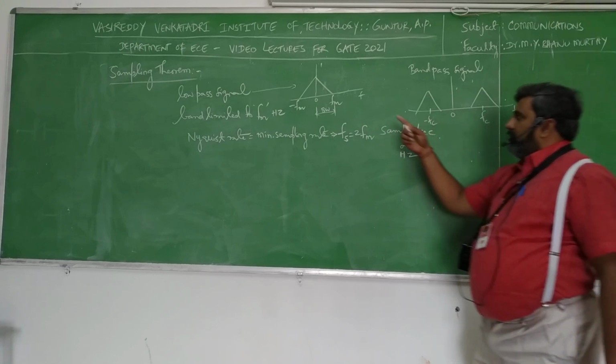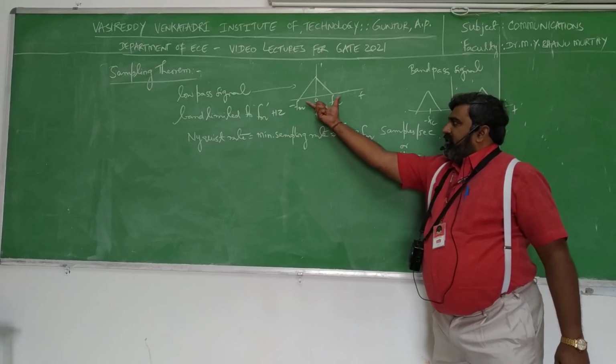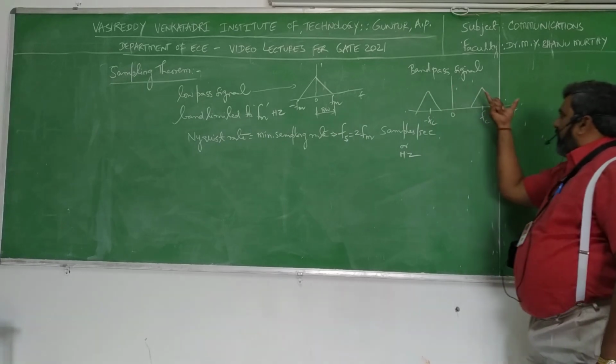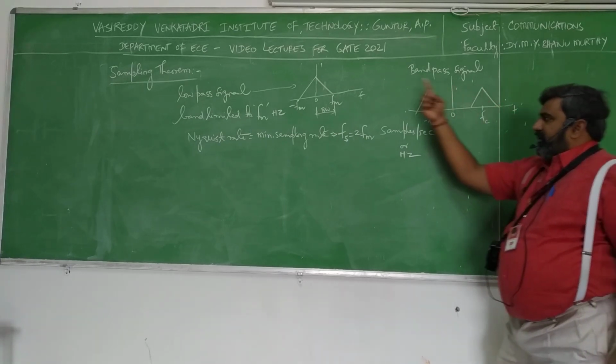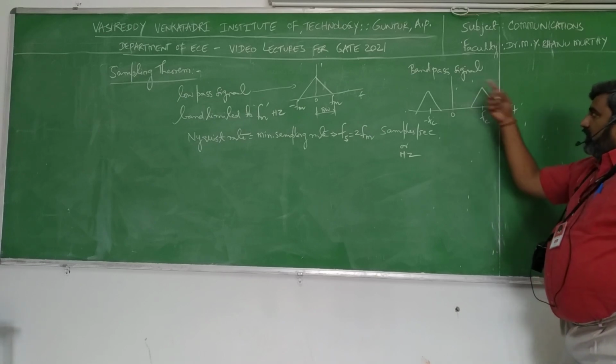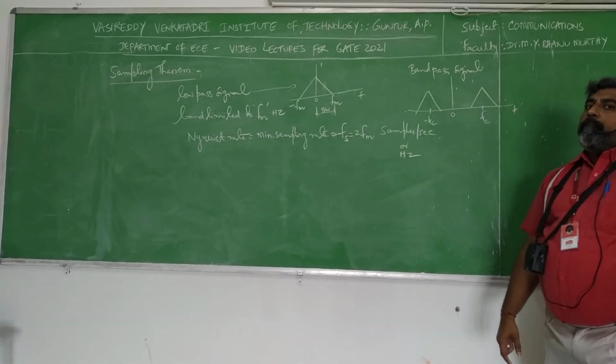What I have done here is translate the spectral range of this signal to a higher spectral range. So instead of being centered at 0, it is centered at some other frequency FC. This we call a band pass signal.